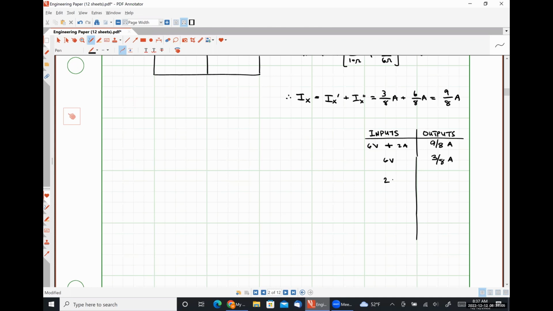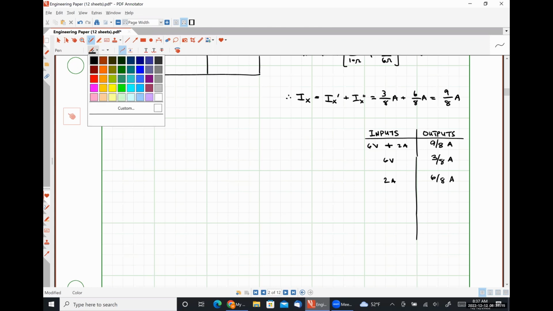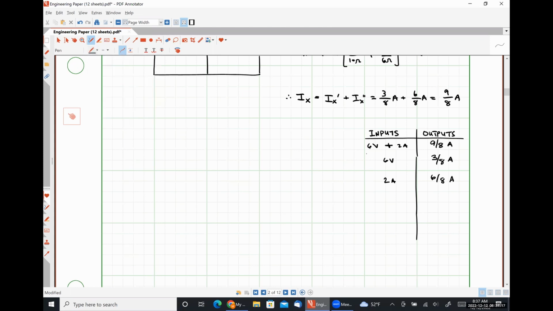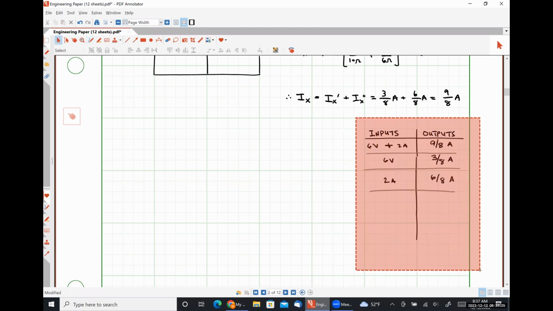And when we had the 2-amp source on by itself, we found out that our output was 6/8 of an amp. So these are the 3 different cases that we have looked at thus far for our circuit. And I am going to copy this.